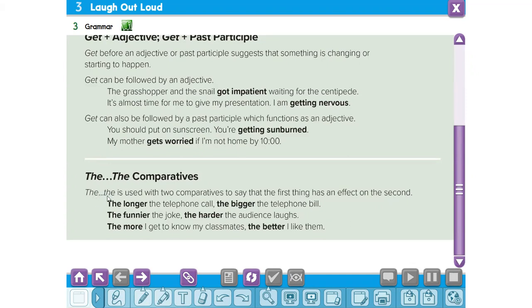Again, "the" is used with two comparatives to say that the first thing has an effect on the second thing.